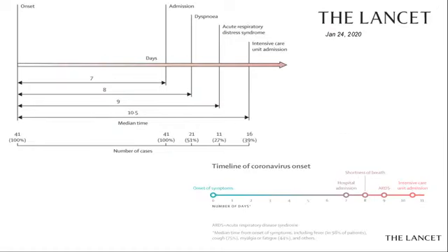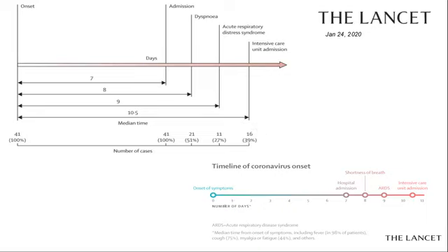So this picture is really important. I think this is from the Lancet, published in January 24. If you look at the virus itself, the incubation period is around 5 to 7 days. Once you get exposed to the virus, you will start getting symptoms after roughly 1 week, and within the next week, either you get better or you get sicker.